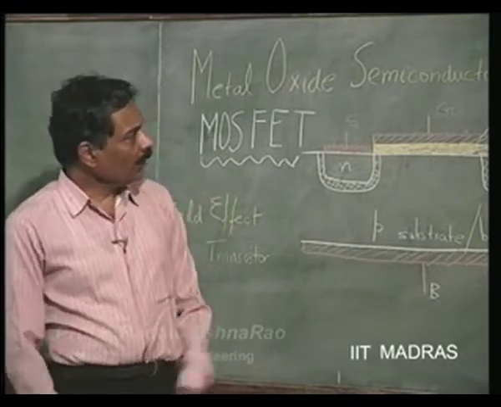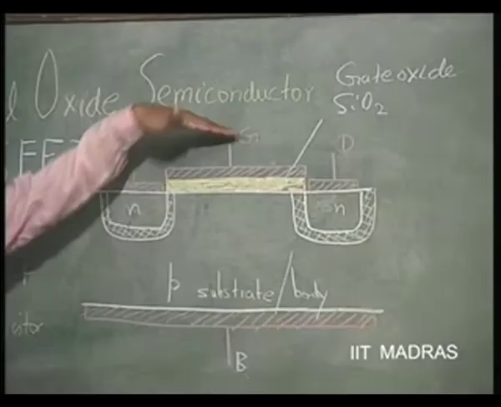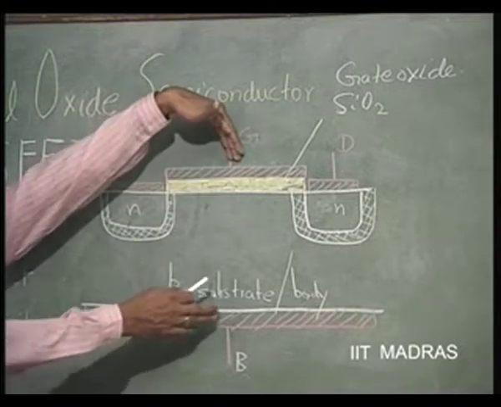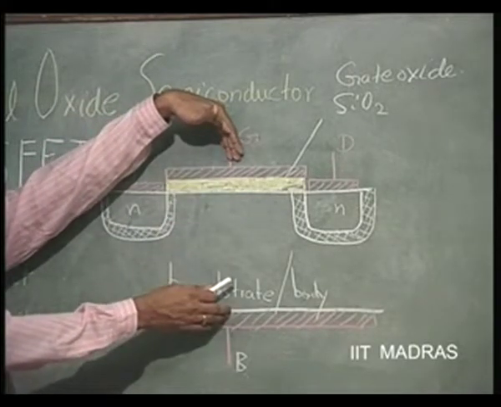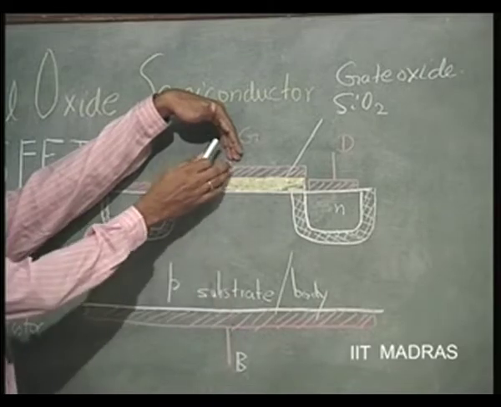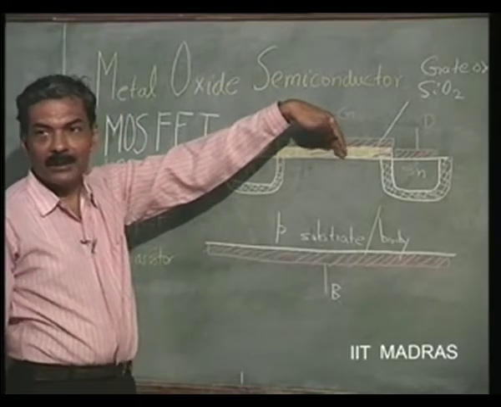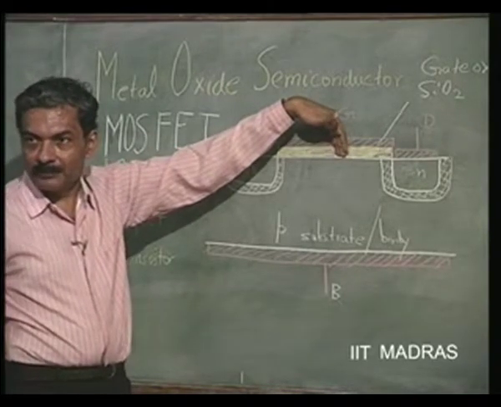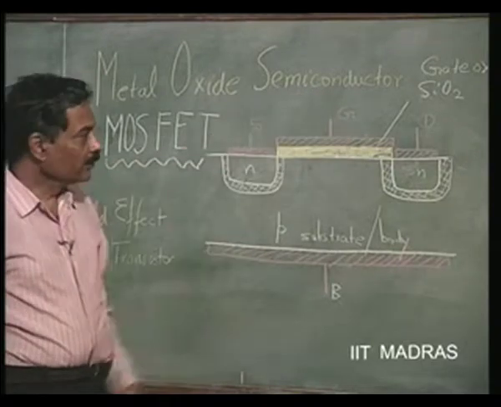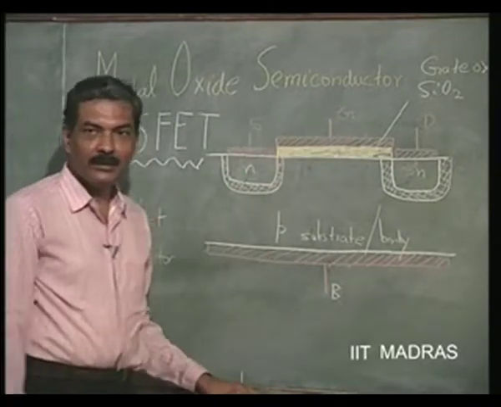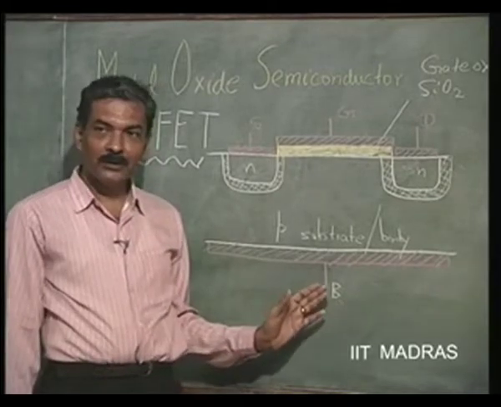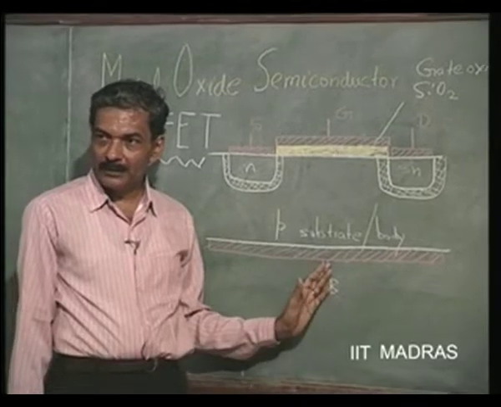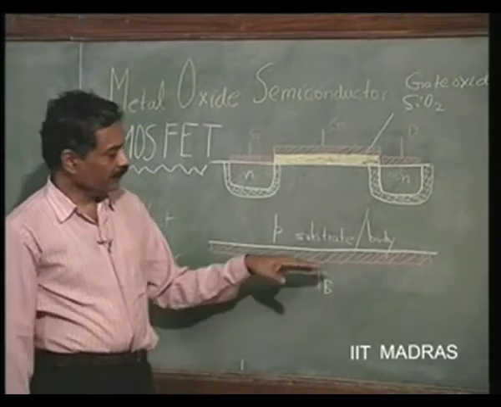Now, let us see what happens when we apply a voltage here with respect to this. It is like a capacitor we have here, this is a conductive material, let us say, and this is another conductive material. In between we have an oxide, a dielectric medium, insulator. So, when I apply a voltage here with reference to the bulk or the substrate or the body, we will call this B. So, let us apply a voltage to the gate with respect to bulk.